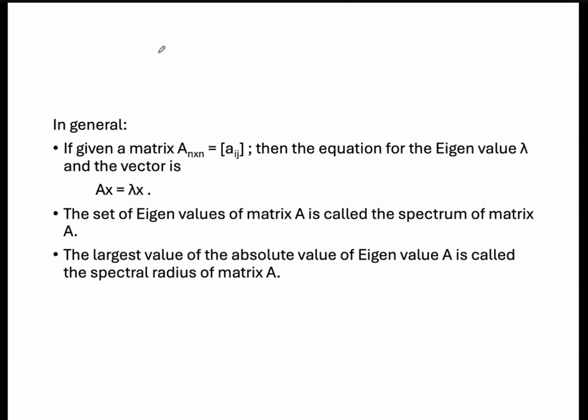In general, if we have a matrix with order n and n, n multiply n, it means we have a matrix that has number of rows n and number of columns equal to n.